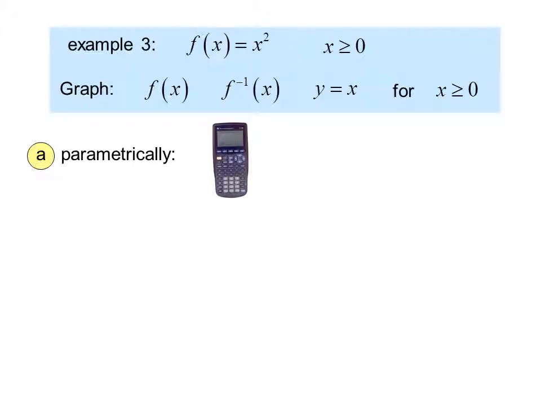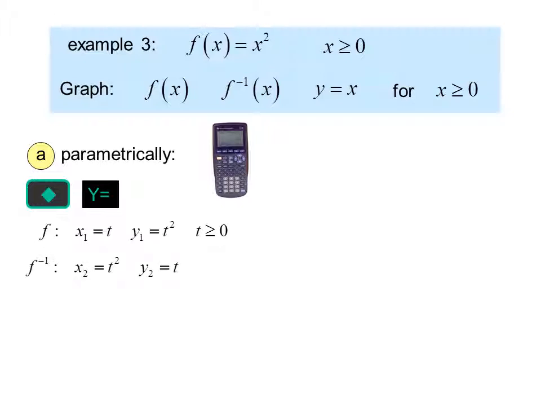We can do this parametrically on the TI-89. We press diamond, y equals, and for the original function, we enter x1 equals t, y1 equals t squared, and t is greater than or equal to 0.